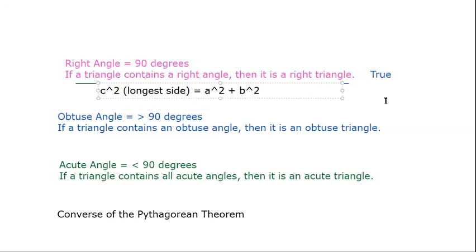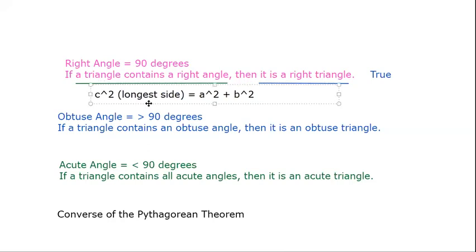But there's another relationship between your longest side and your short legs in the obtuse and acute triangles as well. So if you have an obtuse triangle, your longest side, which we will call C, it's not the hypotenuse because we're not talking about a right triangle here, but we're going to use that same concept of the hypotenuse being the longest side in this relationship.